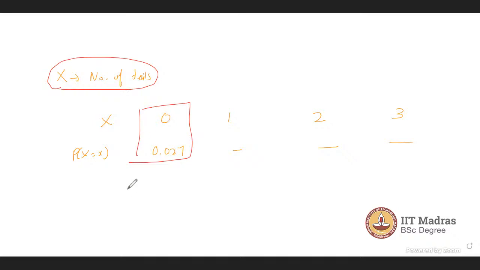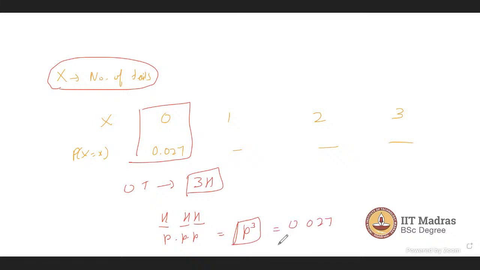I'm getting 0 tails. 0 tails means I'm getting 3 heads in 3 tosses. Probability would be P times P times P. P cube equals 0.027. So P is 0.3, right? For heads.